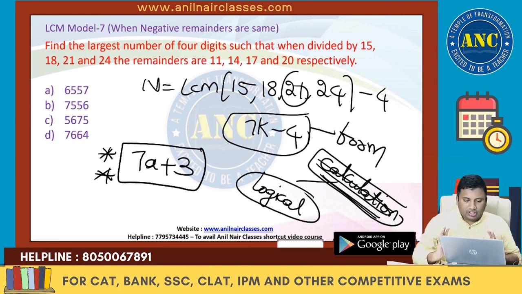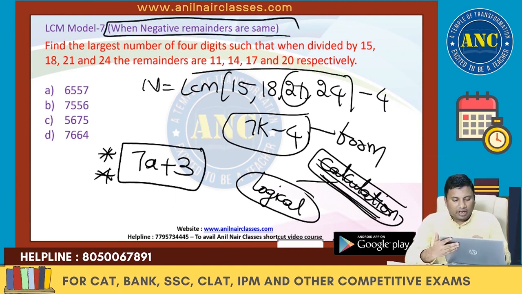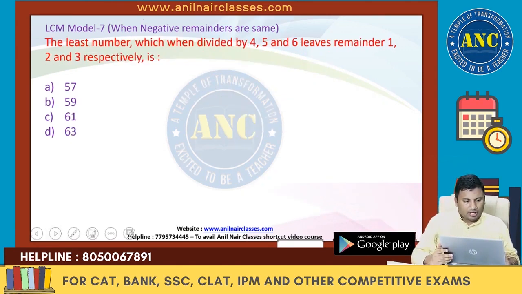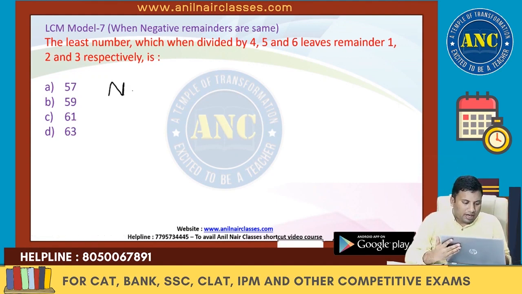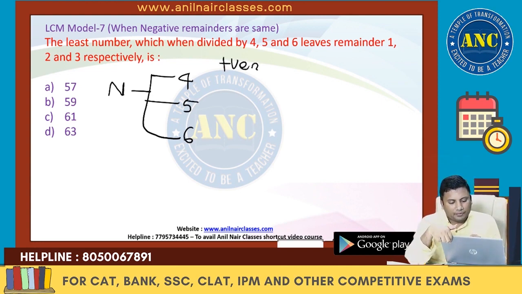Shall I go to the next logic? Negative remainders are the same. Anyway, you can find this answer, subtract 4. Second question. When a number is divided by 4, 5 and 6, the positive remainders are 1, 2 and 3.